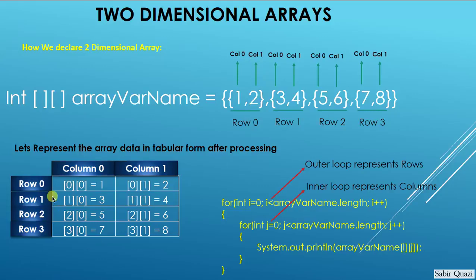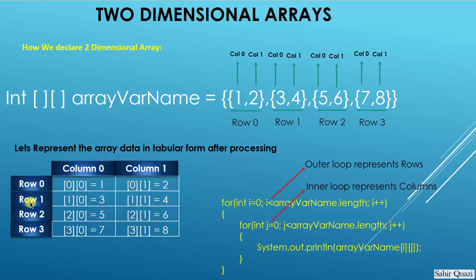We have processed row 0 with the help of the outer loop. I'm just giving the idea of how we process a two-dimensional array. In the second part of this tutorial, we will actually write programs using these outer and inner loops to process the two-dimensional array. It will be fun.